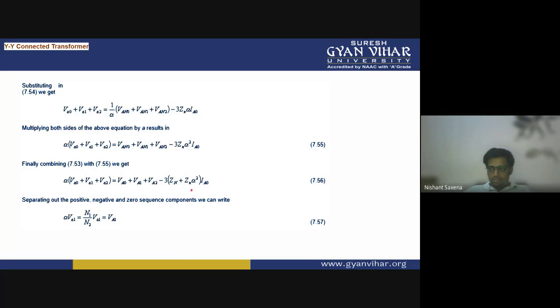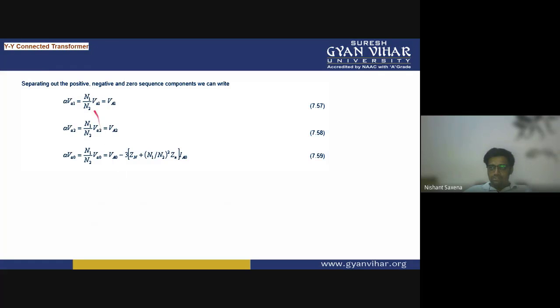Now, separating the positive, negative sequence components, I can rewrite this equation as alpha VA1 for the positive side, that is alpha VA1 will be equal to N1 upon N2 into VA1, which is equal to capital VA1, that is the primary side positive sequence voltage. Now, separating the sequence components, we can rewrite this equation like this: alpha VA1, alpha VA2, and alpha VA0.